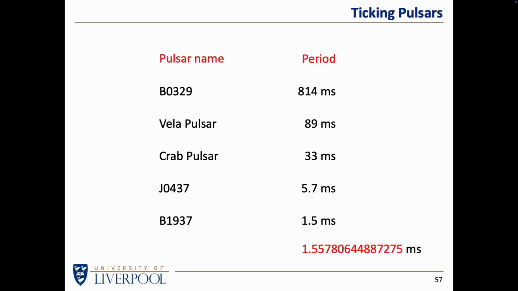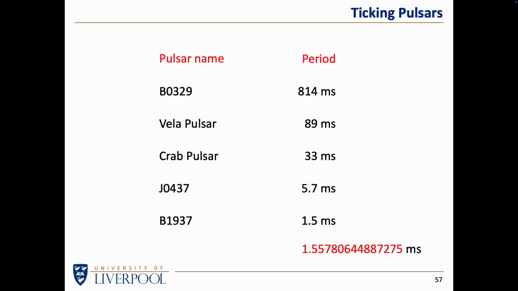That means we have an excellent way of checking our atomic clocks, because they are extremely stable systems. We occasionally see glitches, which are changes to the star itself, but on the whole, they are very reliable. There are lots of them in the sky, and we can cross-check against lots of pulsars to check our atomic clocks. Because there are lots of pulsars in the sky, they are actually being used also to work out whether or not there are gravitational waves moving through the universe, because that will affect the timing of pulsars.